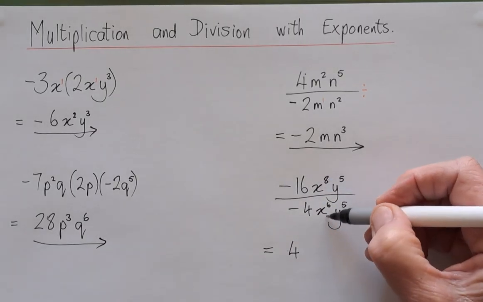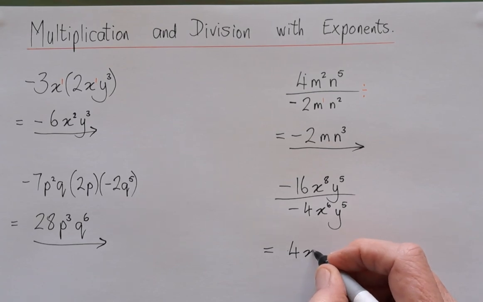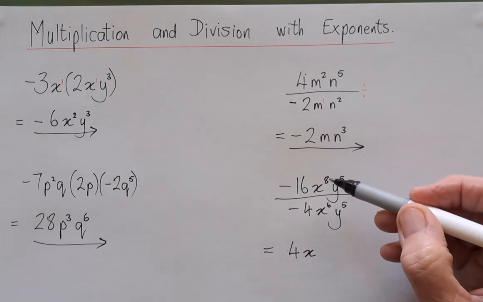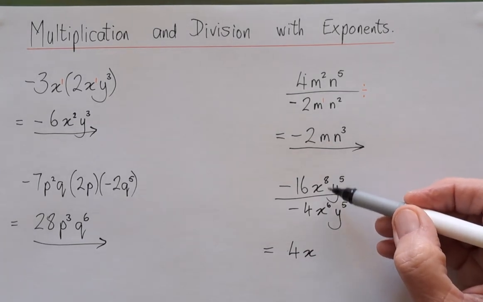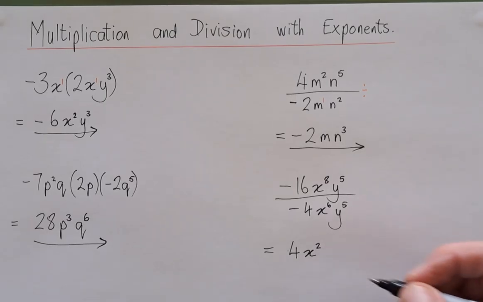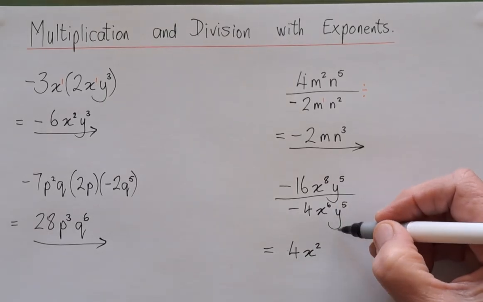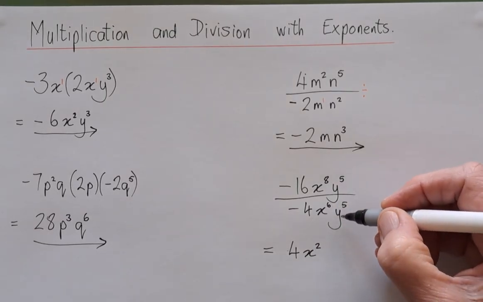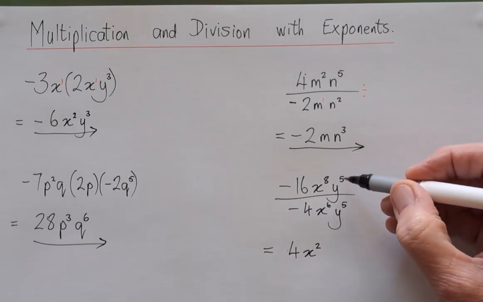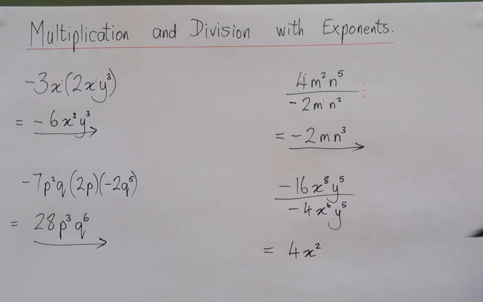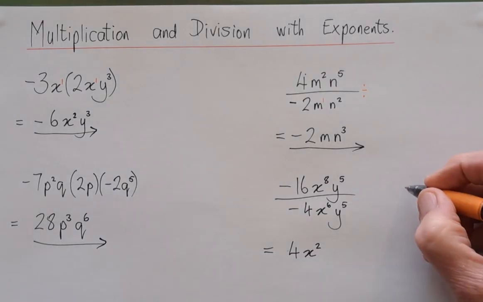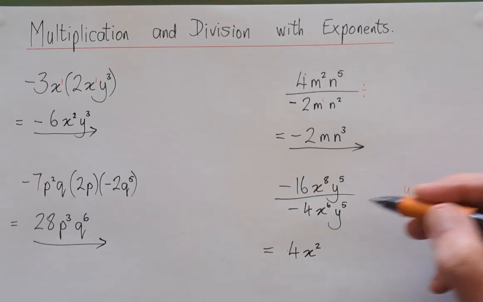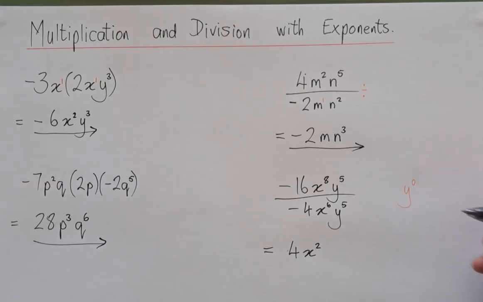Then here I have 2 powers with the same base of x. I'm dividing, so I have to subtract the exponents. 8 minus 6 is 2. Then I have 2 powers with the base of y. Dividing them, I have to subtract the exponents. So I'm going to get y to the 5 minus 5, which is y to the 0.